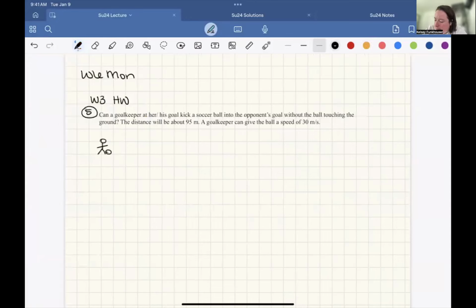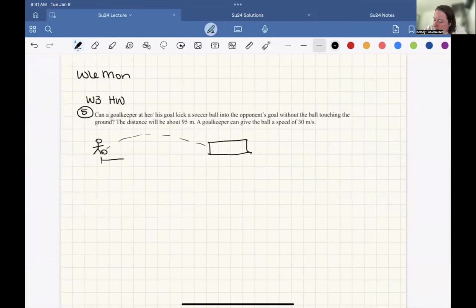We have our goalie, they're trying to kick this ball, and they want it to land in the other goal, a distance of 95 meters. And it says here, kick the ball into the opponent's goal without the ball touching the ground.